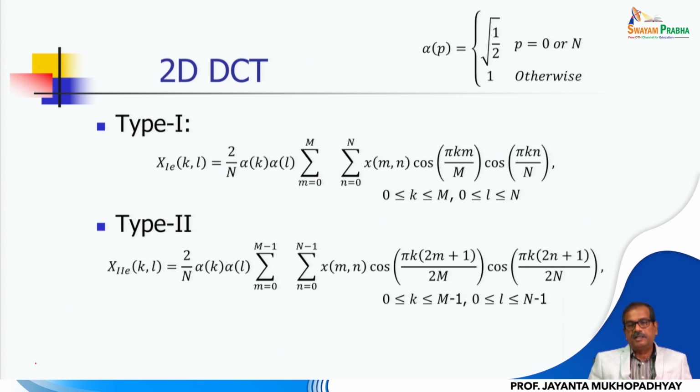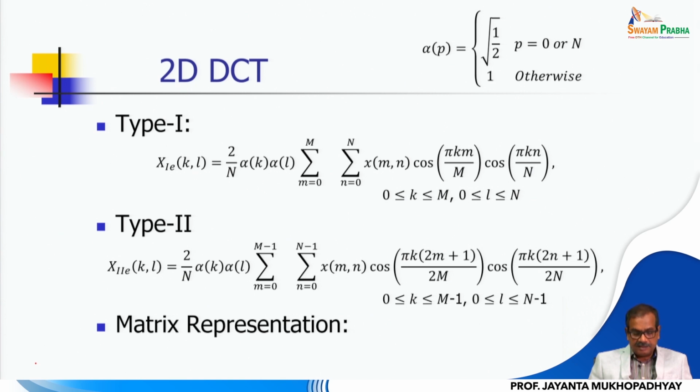So these are the type 1 and type 2 DCT transformations, and they can be expressed in the form of matrix operations, transformation matrix operations that we have discussed. In the matrix representation, I've just shown the type 2 DCT. You note that this is how the two-dimensional array is transformed.